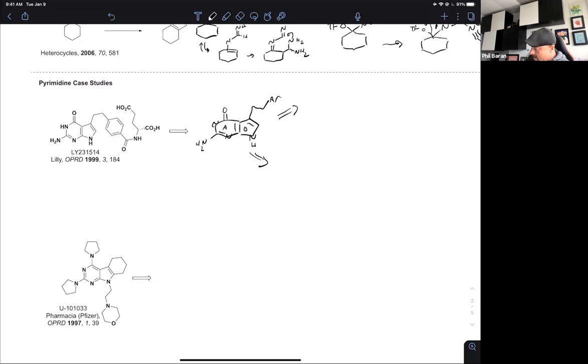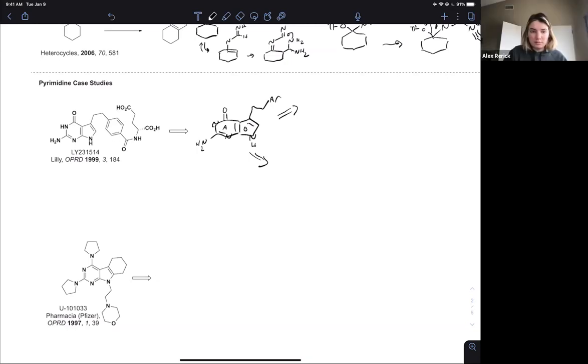Any sort of inclination, anybody have an instinct as to which way they'd like to go? Do we build off of A, or do we build off of B? There's really no wrong answer here. We're going to do them both.